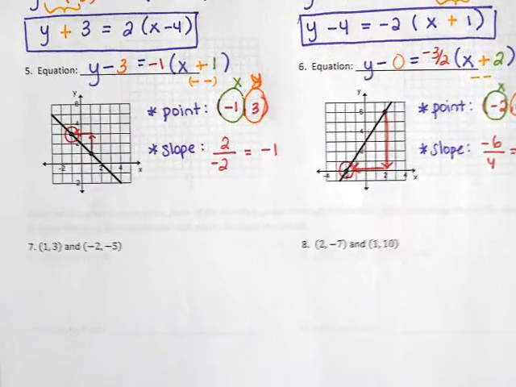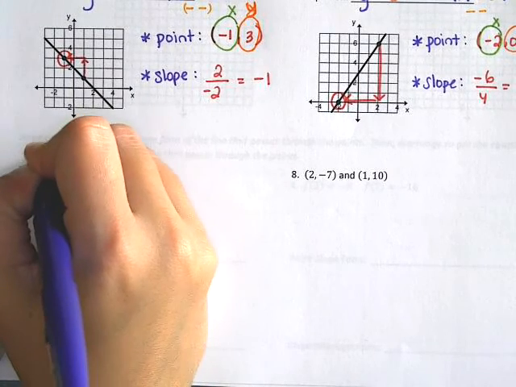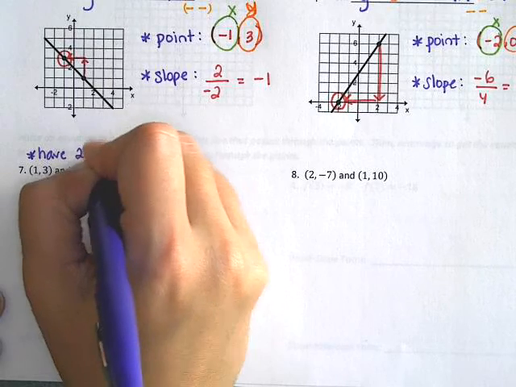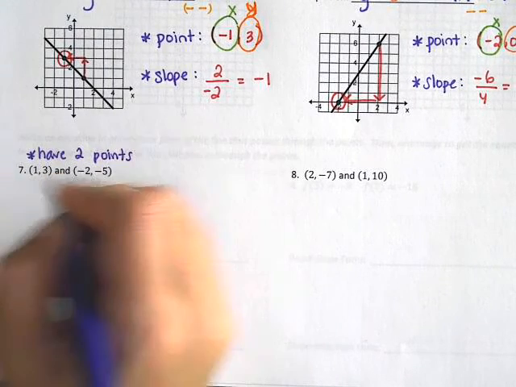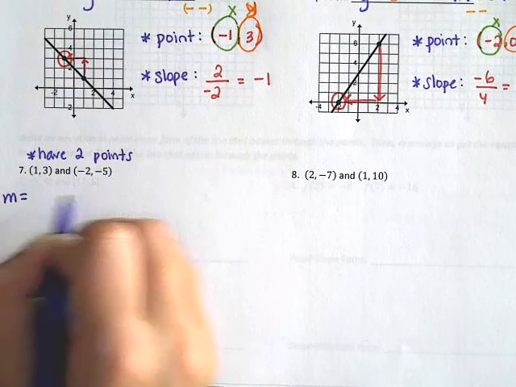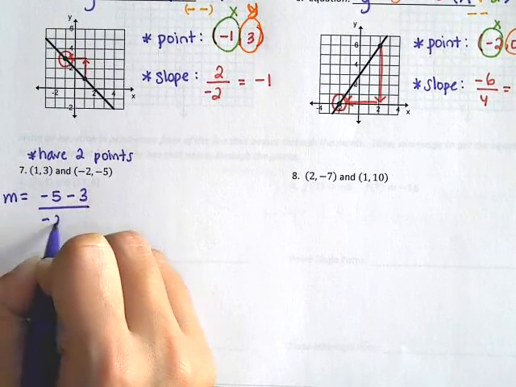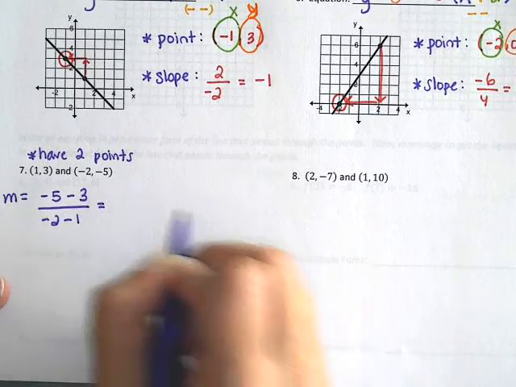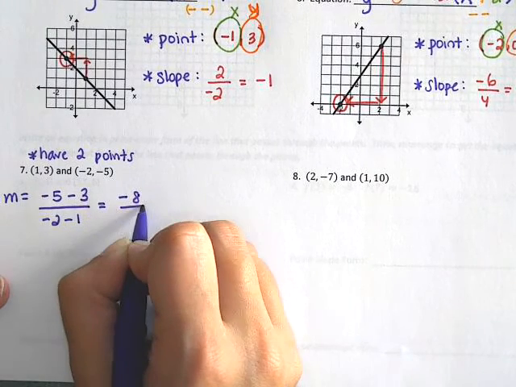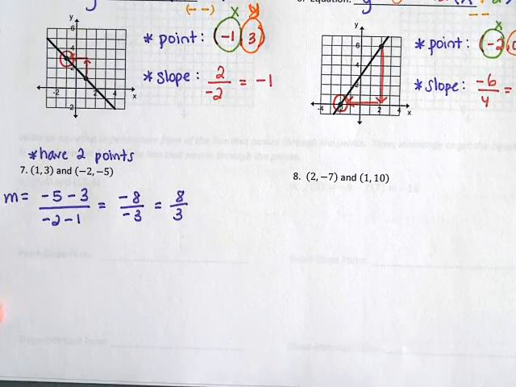Last but not least, what if I give you two ordered pairs? Well, we know that we need a point and we know that we need a slope. We've got 2 points. So what we need to calculate is the slope. Let's start by calculating our slope with our formula. So negative 5 minus 3 divided by negative 2 minus 1, which gives me negative 8 divided by negative 3, which is 8/3.